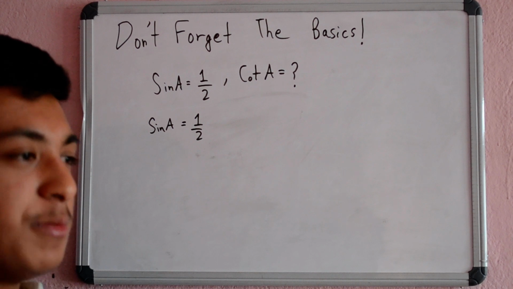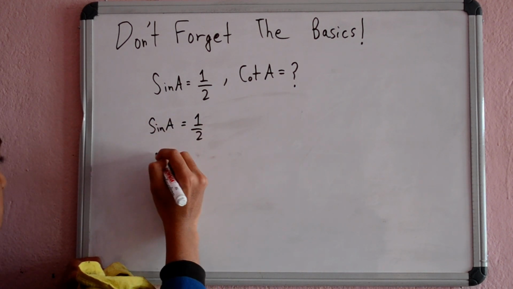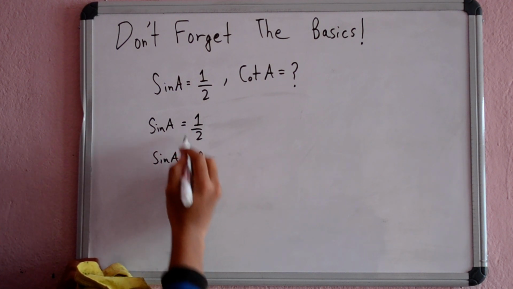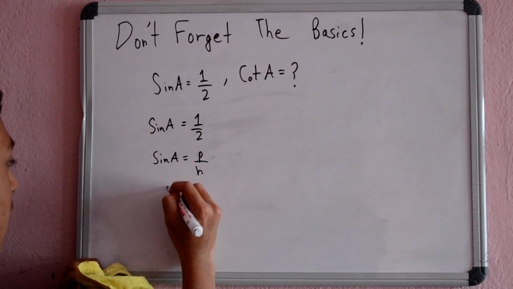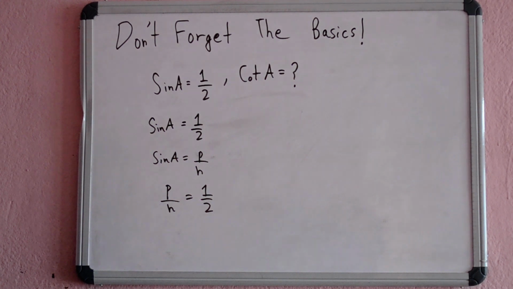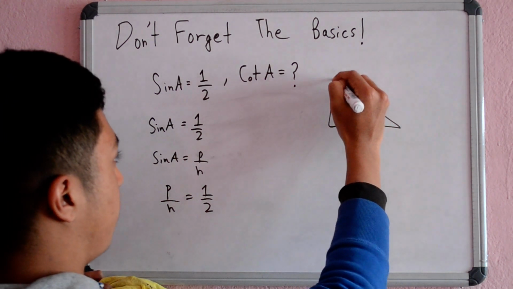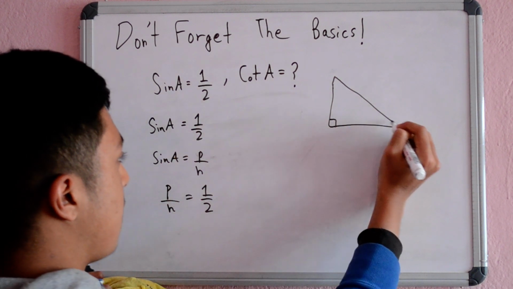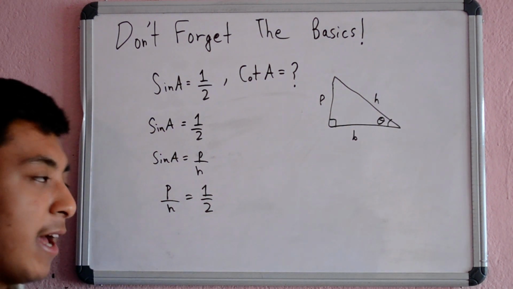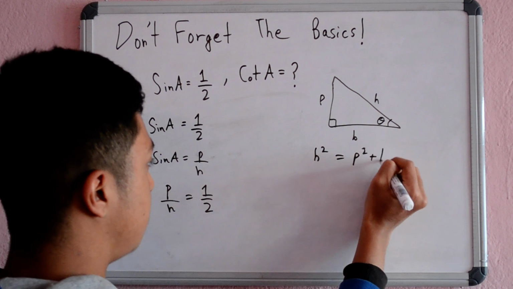If you let P, B, H be perpendicular, base and hypotenuse, you don't really have to, but then you can compare it with this. Sine A is equal to perpendicular by hypotenuse. Now from these equations, we have that P by H is equal to 1 by 2. And now we have to use the Pythagorean theorem. Theta, P, B, H, and the most basic of all, H square is equal to P square plus B square.